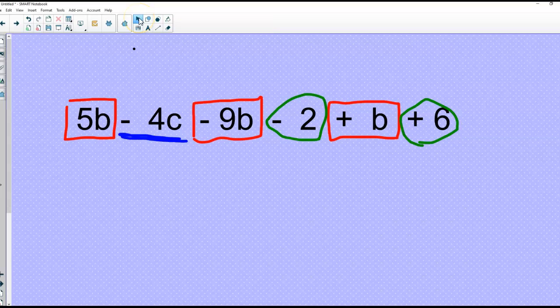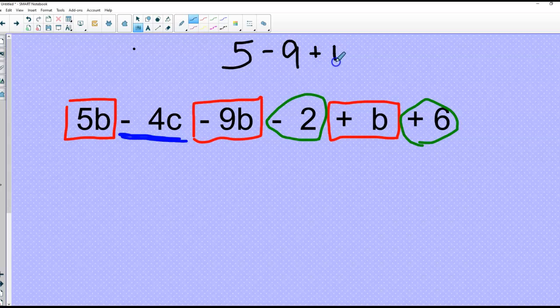Okay, so I think we're finally ready to combine. Let's start at the left. I have 3 b's to combine here. So 5b, it says, I'll put it up top here. So 5 minus 9, and then we know that this is plus 1b, right? There's a 1 there.